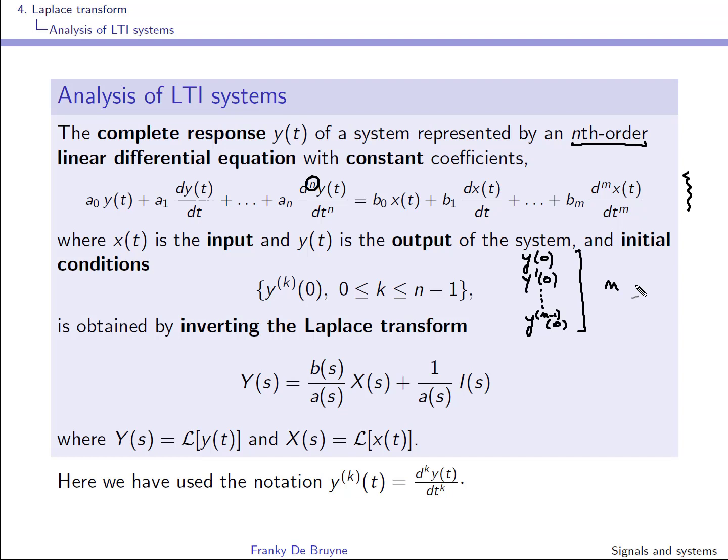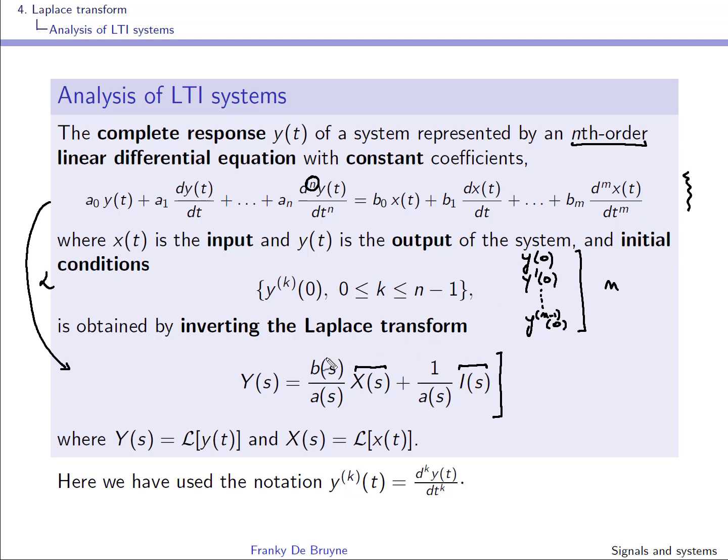Okay, so what you can do here is go to the Laplace domain, and if you compute the Laplace transform of this equation and rewrite it a bit, this is what you obtain. You have two terms, one that is coming from the input, and one where you have kind of collected the influence of all the initial conditions.